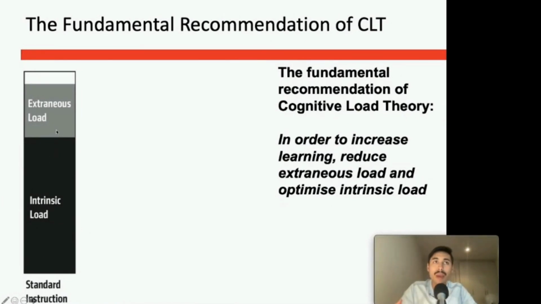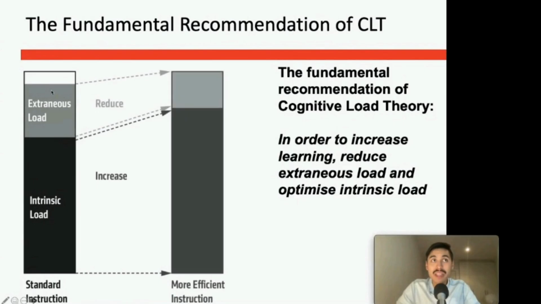So for example, and I'll give you some examples of this later on, maybe the way that the question is set out on the page means that they have to put it together in their working memory in a way that doesn't help their learning, but it's still taking up space in their working memory. Cognitive load theory and its recommendations help us to reduce the amount of cognitive capacity spent on extraneous load, which frees up more space in working memory for students to focus on the core information that we want them to learn.